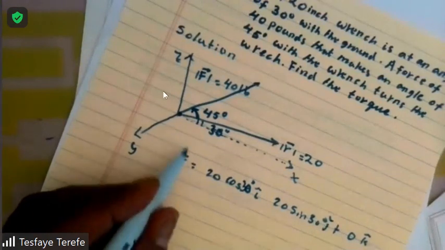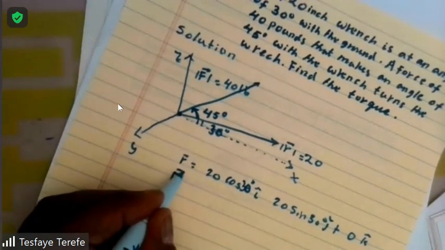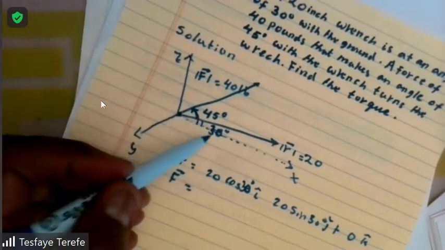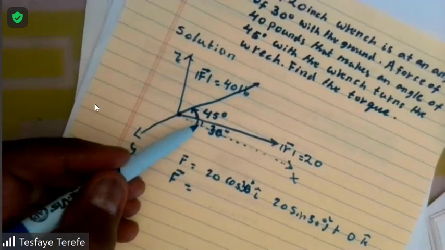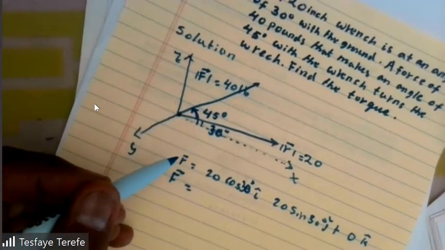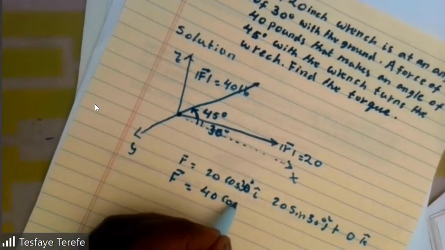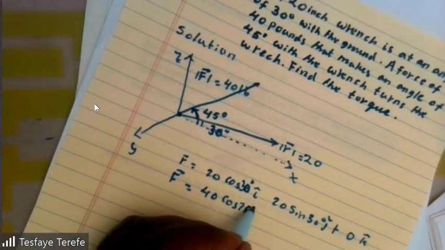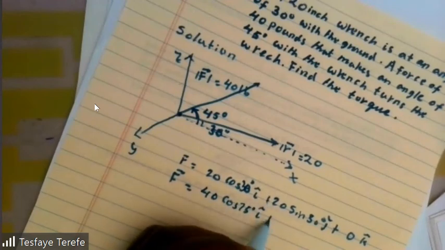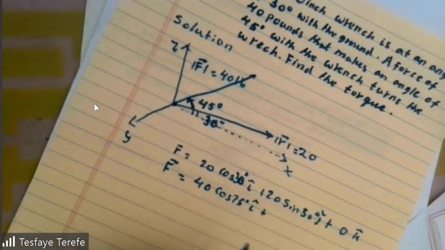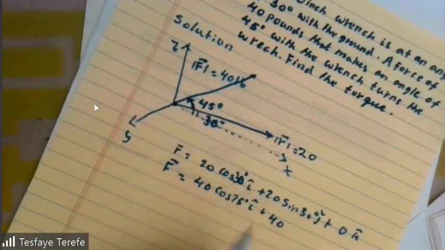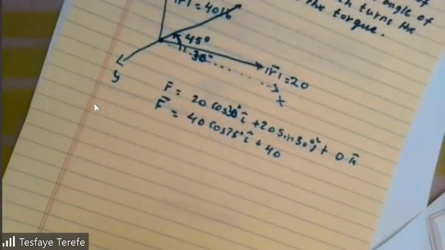And then the F component. This time, look, you have 30 degrees and you have 45 degrees, that is 75 degrees. So 40 cosine of 75 degrees i plus 40. I think you got the j and the k components mixed up.